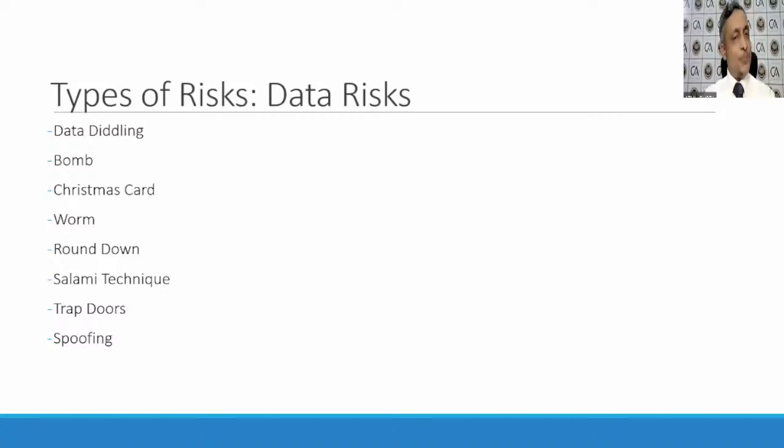So I would like to do this practically. Allow me to bring an Excel sheet. I'll show you how round down and salami work. We'll do it practically so that you can learn.